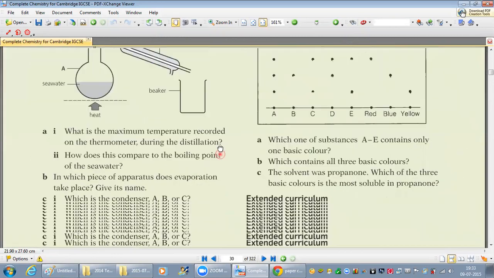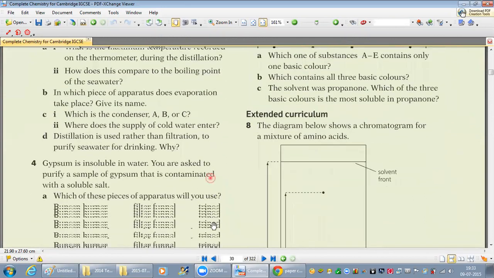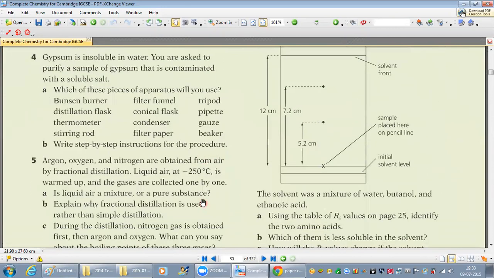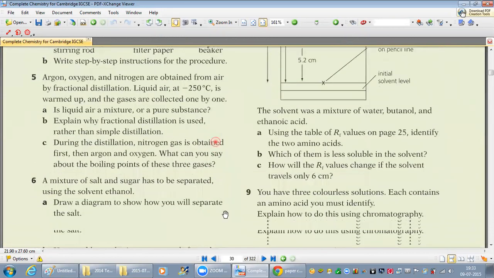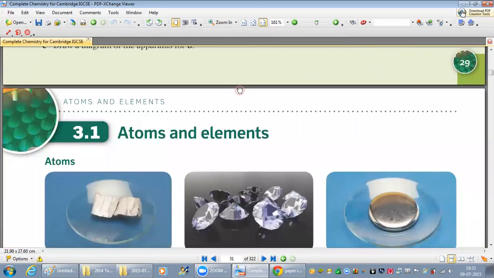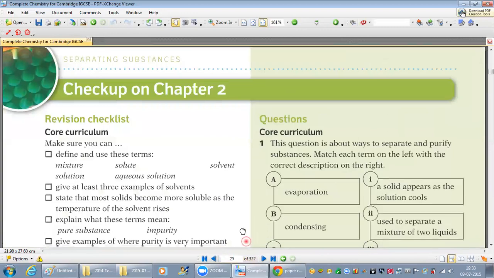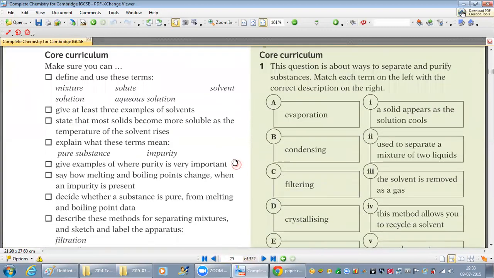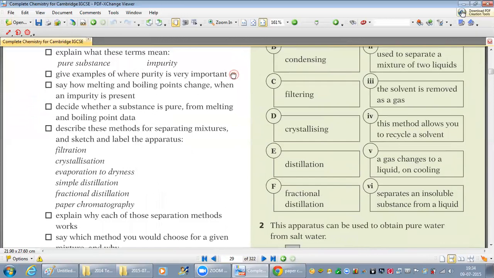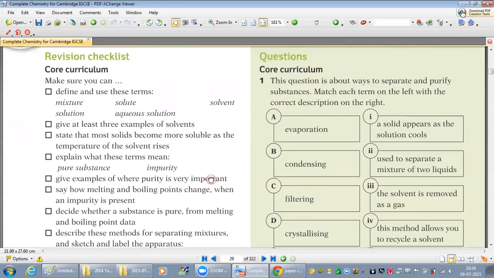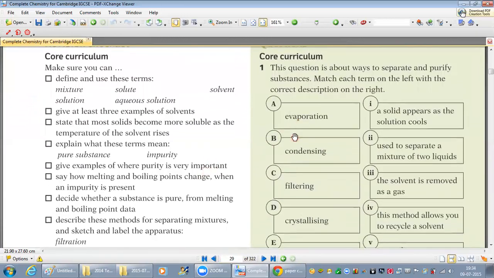These calculations of RF values and all this will be coming over here. We can solve these questions tomorrow. Okay, tomorrow our time will be 7:30.